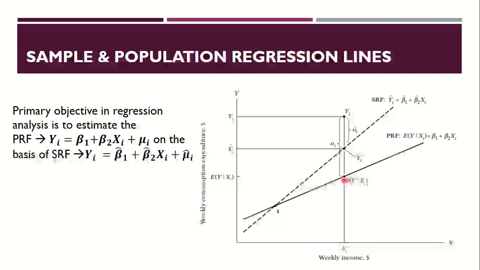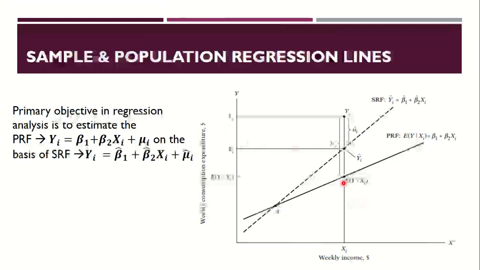If you look at this diagram at this point, that is the expected value of y given xi, this is the expected value of y given the value of x of the population regression function, and on the x-axis there is weekly income, and on the y-axis there is weekly consumption expenditure.